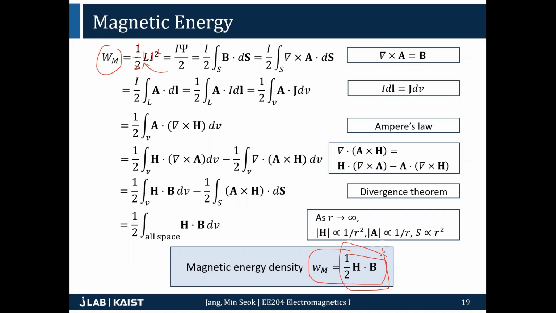And Kim Kiwan asks, when we say J is equal to curl of H, we kind of assume that J is not the total current, but the free current.